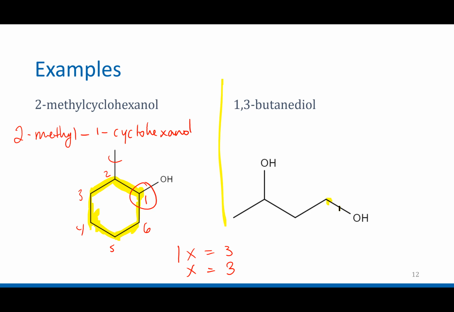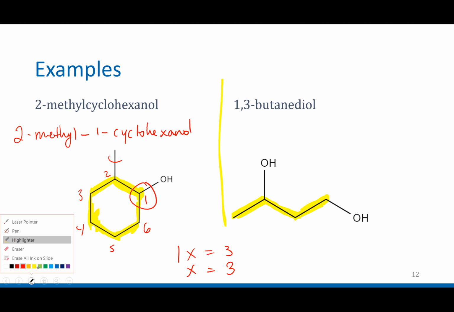This is not part of the carbon chain. It's not a carbon at the end of this. I don't count where I'm highlighting as 1. It only joins the carbon chain here. So my carbon chain would look like this, and I'm going to number it.